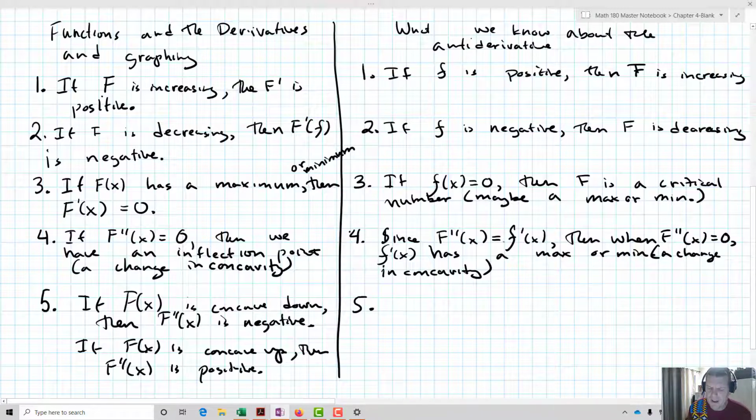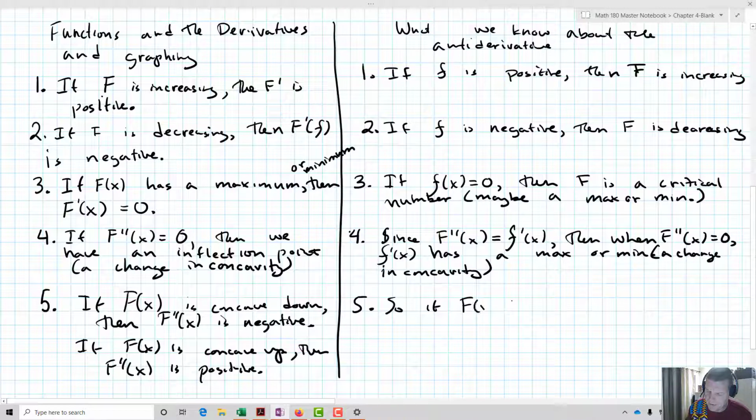Again, f double prime is the derivative of f prime. So if the derivative of a function is negative, that means the function is decreasing. Actually, let's do it this way.